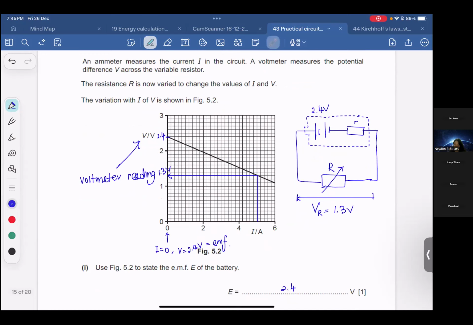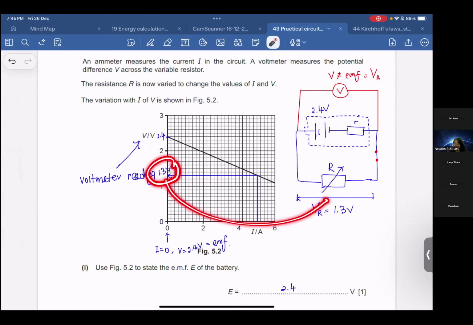Because when the voltmeter is connected across the cell, like what I told you, when we close the circuit, the voltmeter reading no longer shows you the EMF. It's showing you the voltage across the external component. So this reading of 1.3 is exactly for the resistance R, the voltage across resistor R.